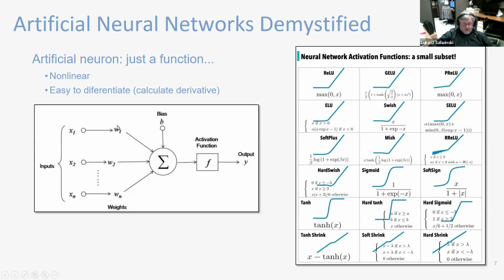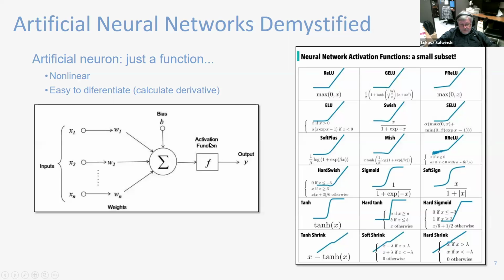Each input value is multiplied by a number, by a weight. So x1 times w1 is added to x2 times w2 and so forth. Everything is summed up. There might be an additional bias term added to the sum, and then once the overall sum is calculated, it's either returned directly as an output, or it's passed to a so-called activation function that transforms the value returned by the sum into the actual output.